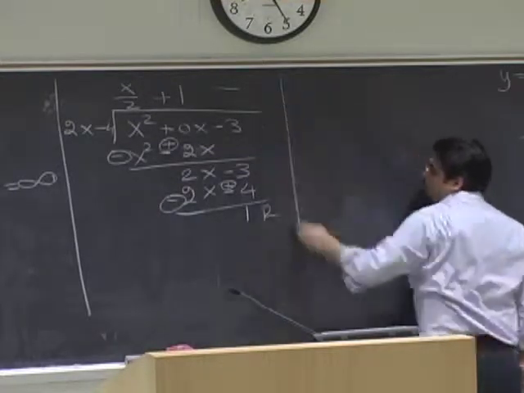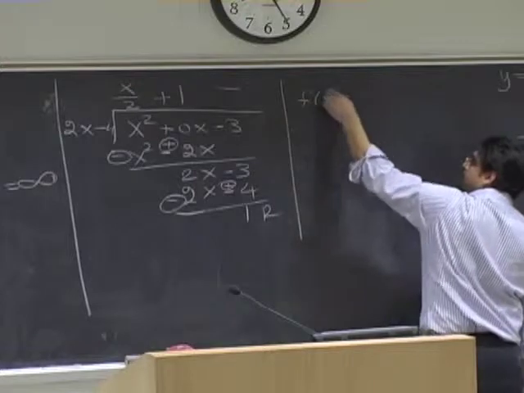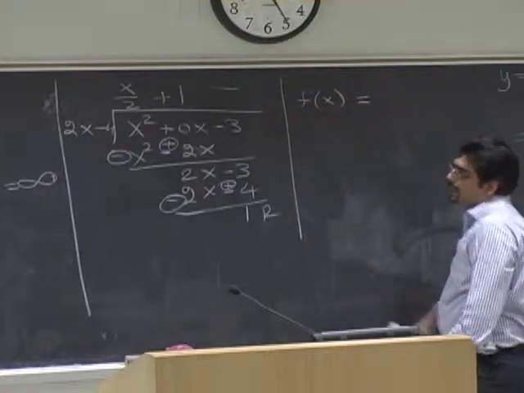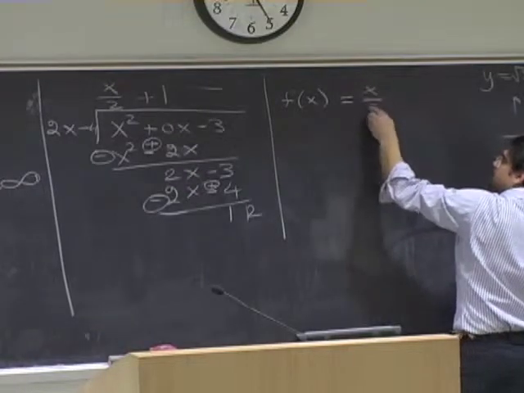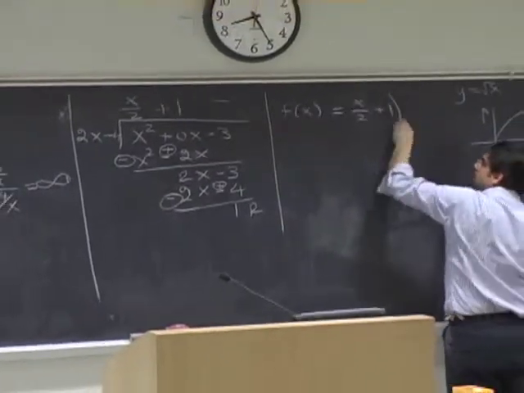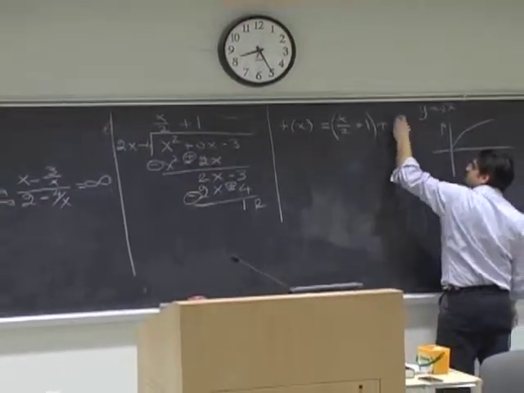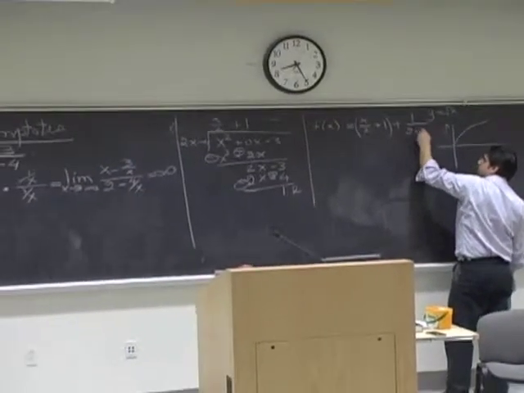But more importantly, what this is telling us is that I can write that function as quotient plus remainder over divisor.